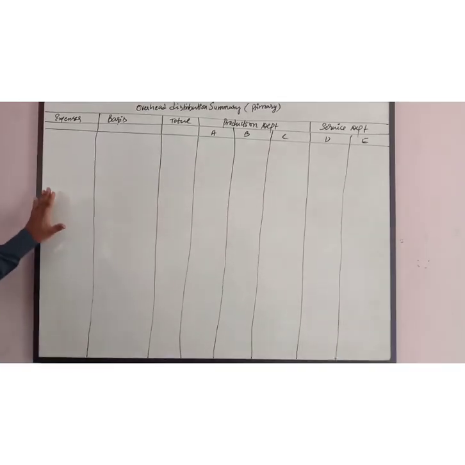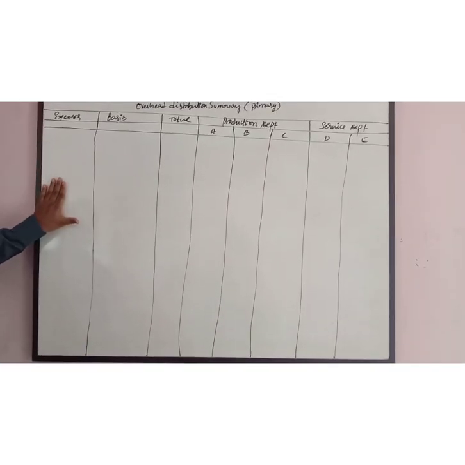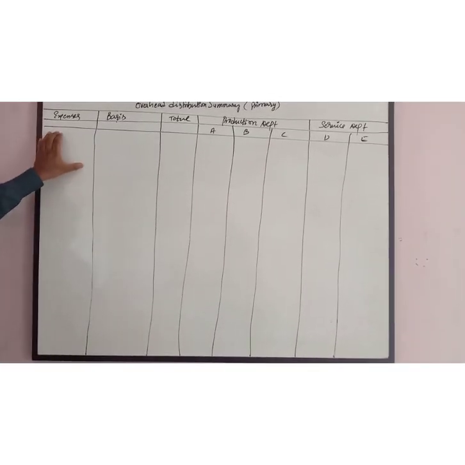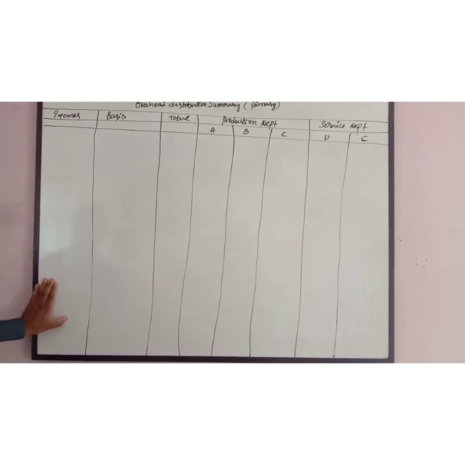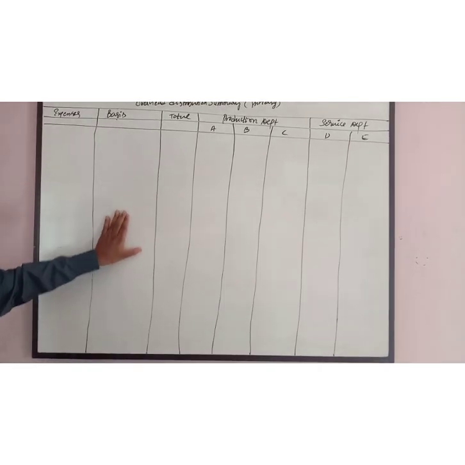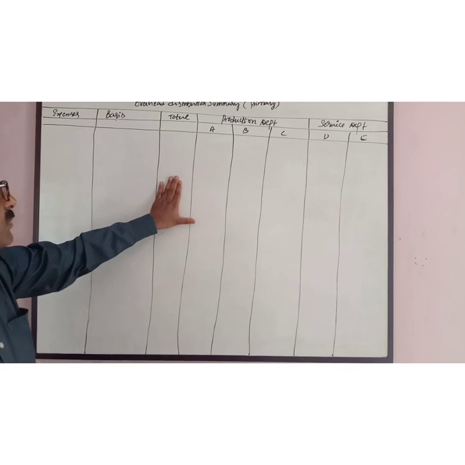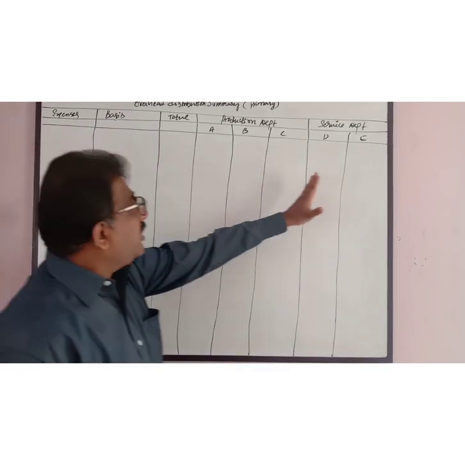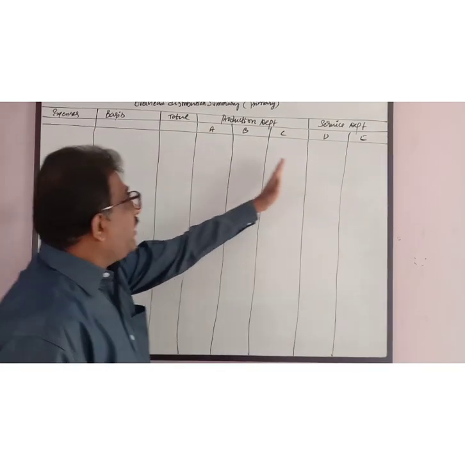We have to make out the columns like this in the primary distribution. All expenses are written here and we have to take the nearest basis, the total expenses, and apportion by taking the ratios.